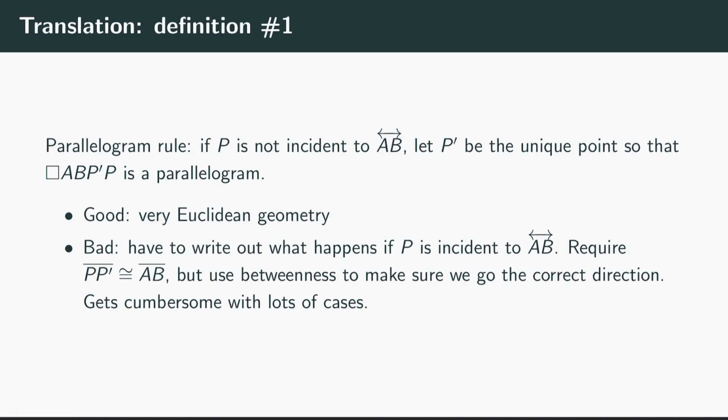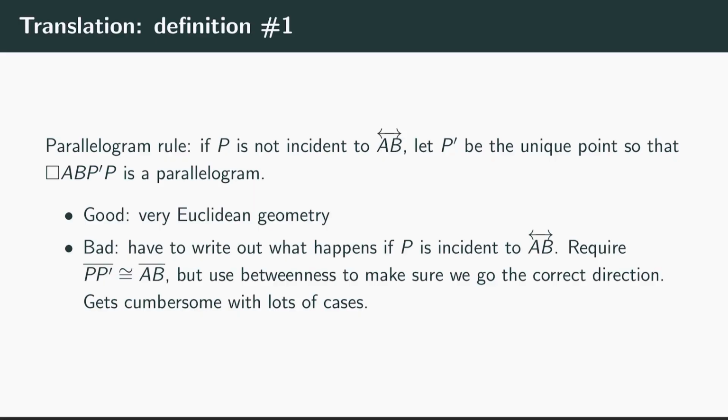The first definition is very geometric. If I want to translate by a vector AB, what I'm doing is moving the vector AB to have its tail at P. And the way you learned how to do that is by the so-called parallelogram rule.